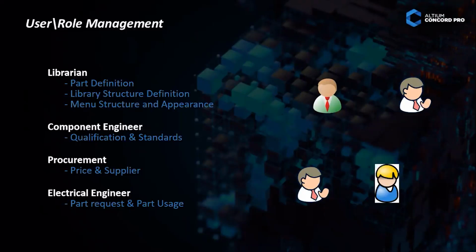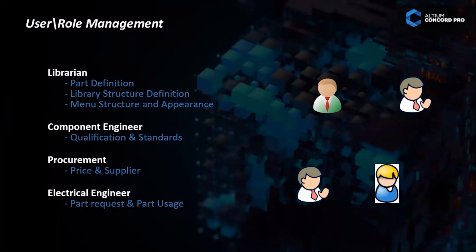He will verify that component, and he will release it for the engineers' use. And the supply chain procurement team will check the supply chain information and price for the BOM costing. They will do the BOM costing. And the electrical engineer is just a library user. He will search the component and he will use it.